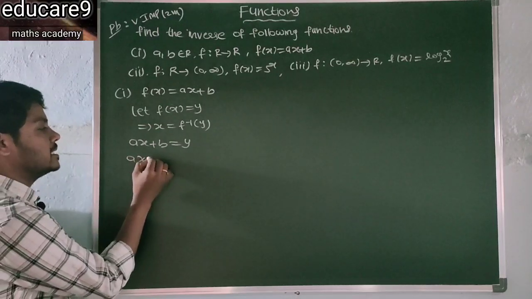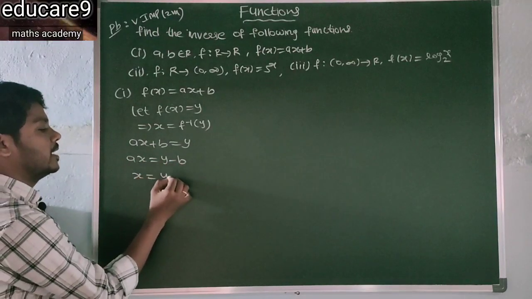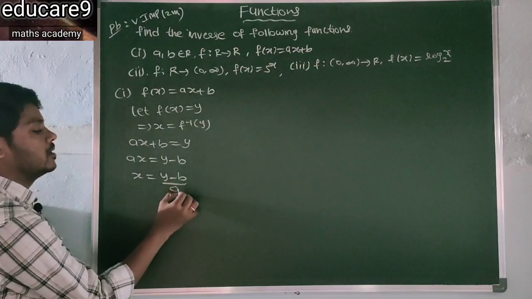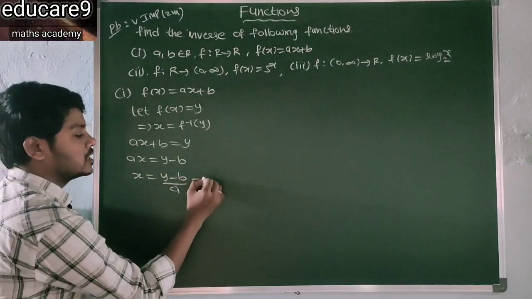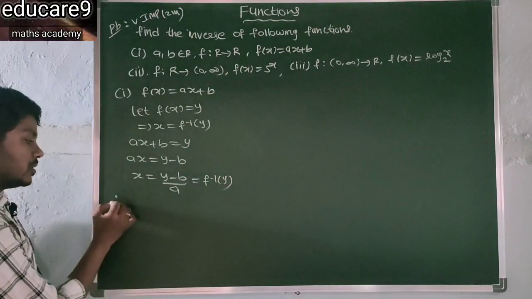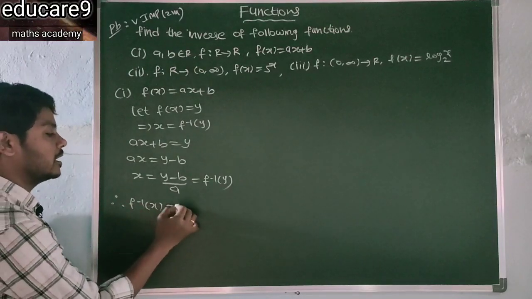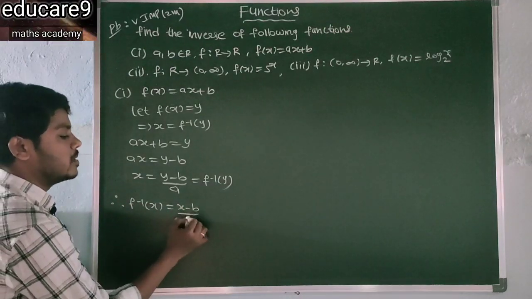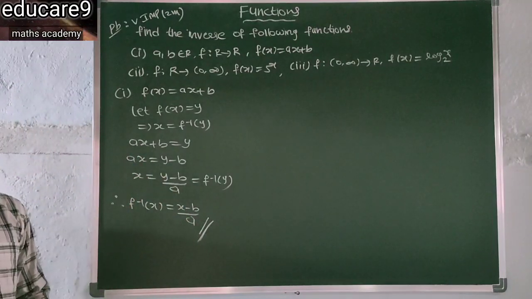So ax is equal to y minus b. x is equal to y minus b by a. So what is the x value? f inverse of y. So therefore f inverse of x is what? x minus b by a. This is the inverse of the given function.